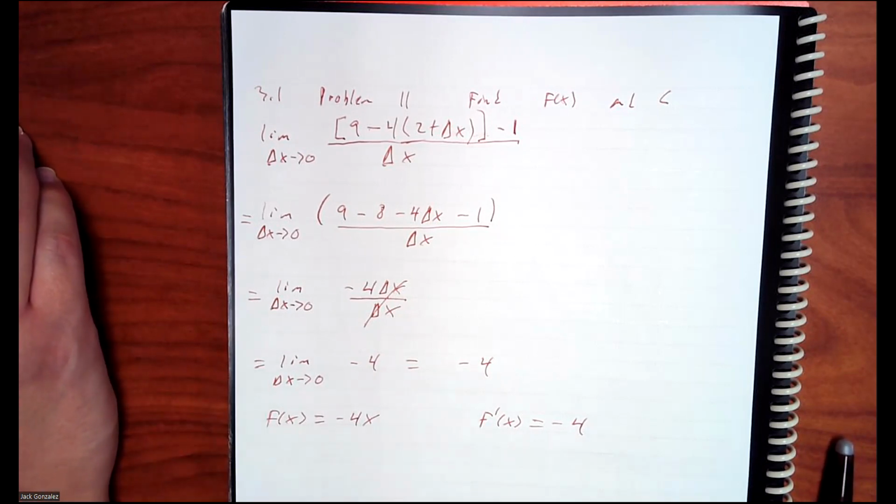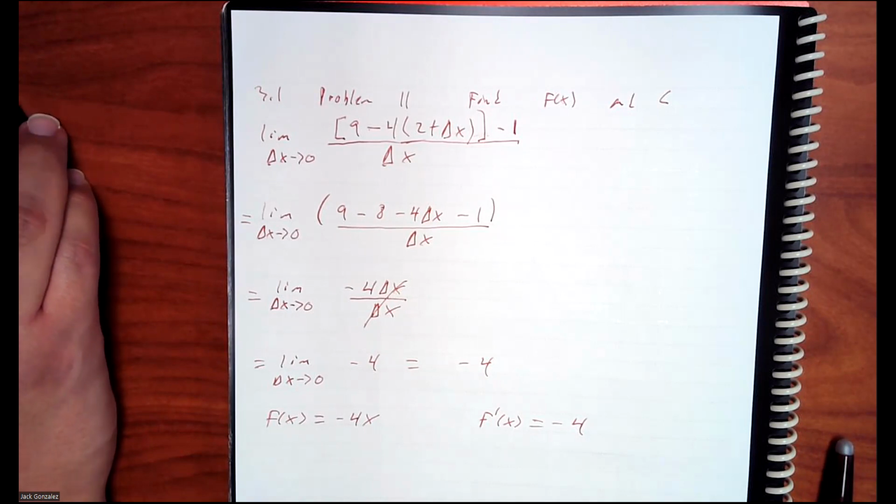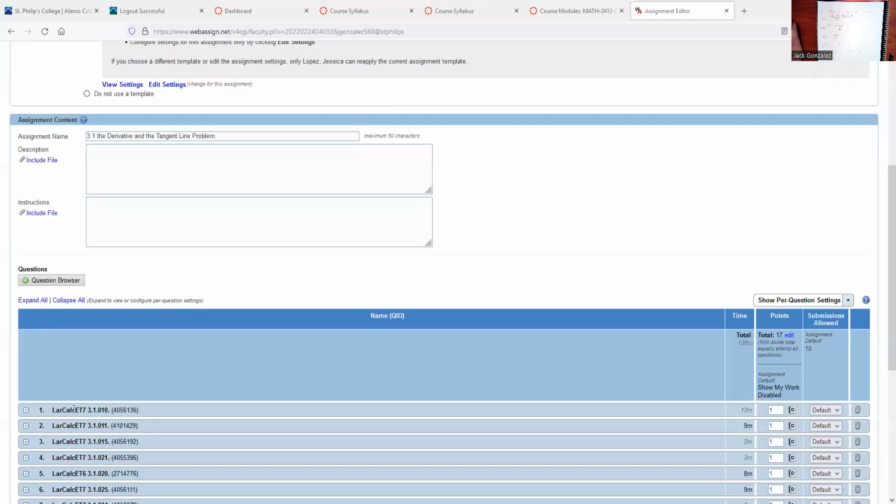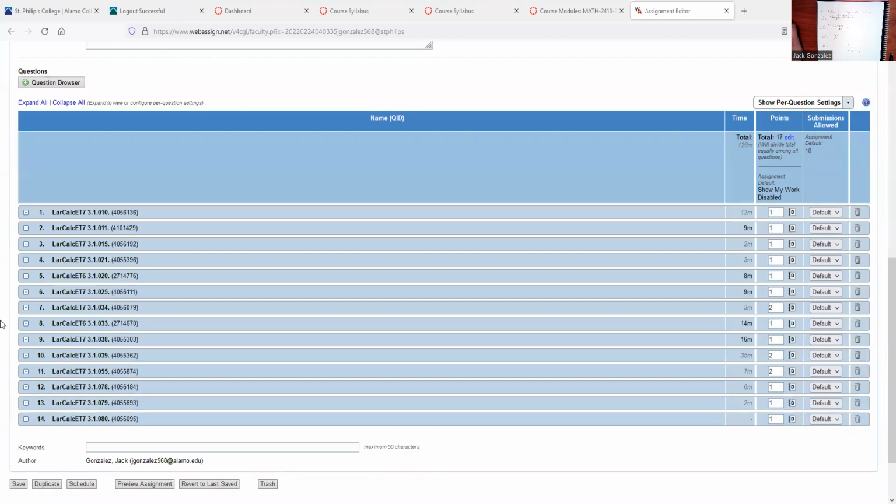I was thinking C worked too, but let's see how they approach it. What was the number again? 3.1 11.